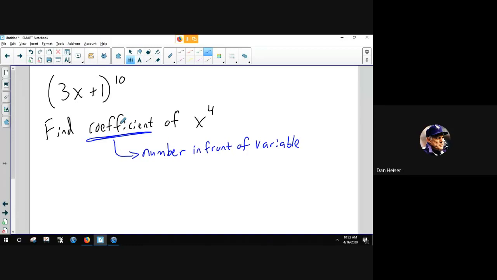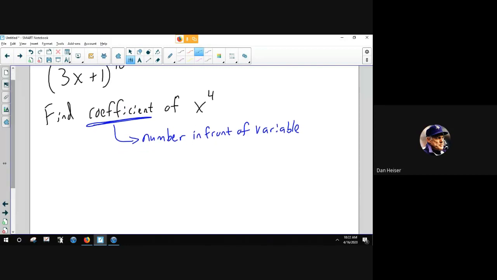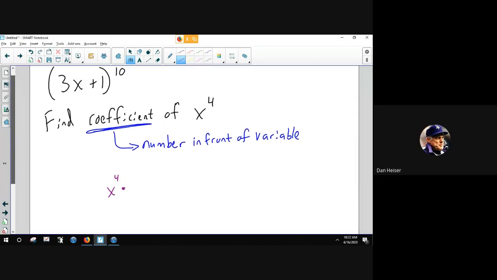We're looking for x to the 4th. Okay? So I have x to the 4th times 1 to the 6th. I know it's 1 to the 6th because I need 10 powers. I know that x to the 4th is going to be part of this.